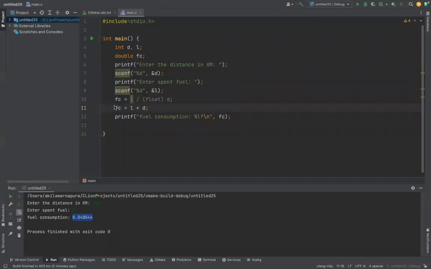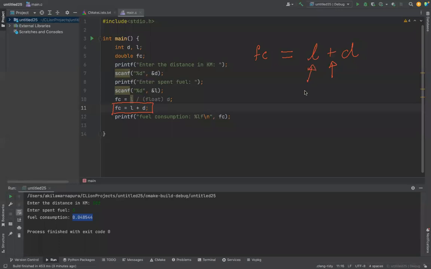If I take this example, FC equals L plus D. Here plus is the operator.